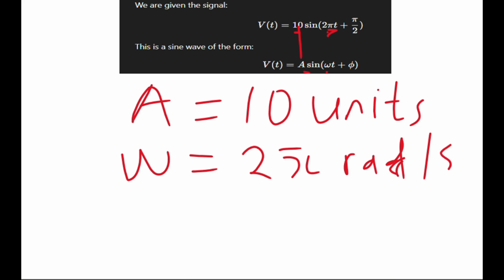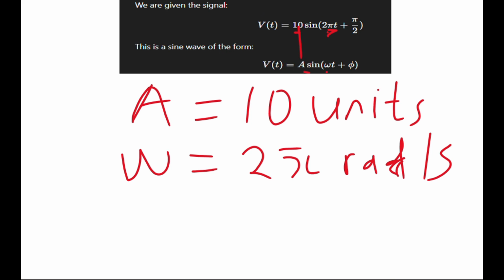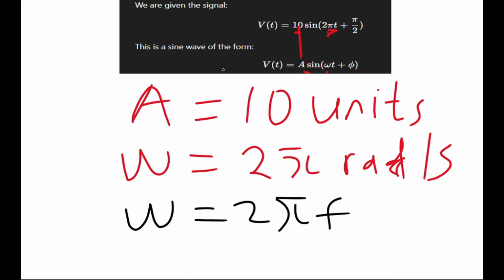Yes, so let's go ahead and find the frequency. Let me clean this off and get space for us. So our omega is 2 pi f t. We know that angular frequency is equal to 2 pi f t.